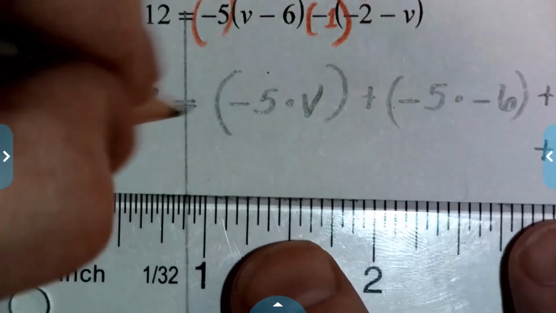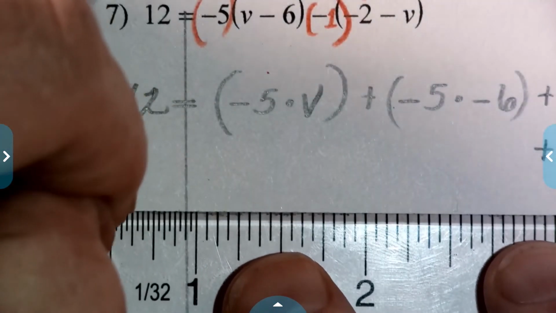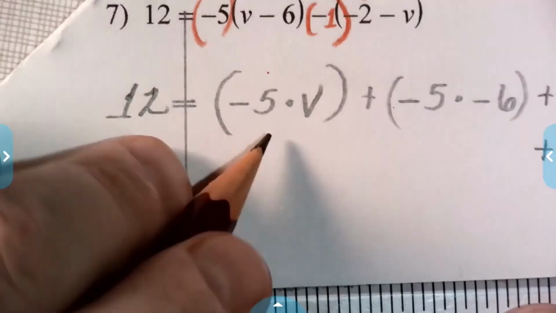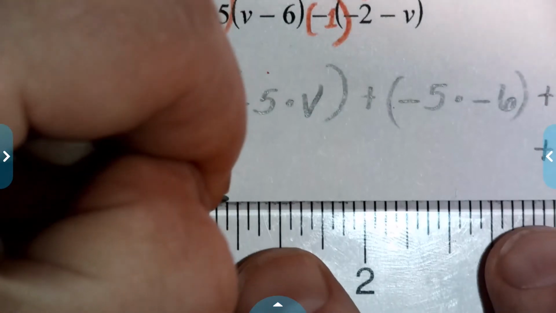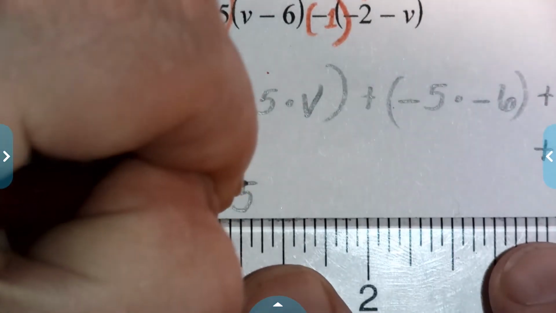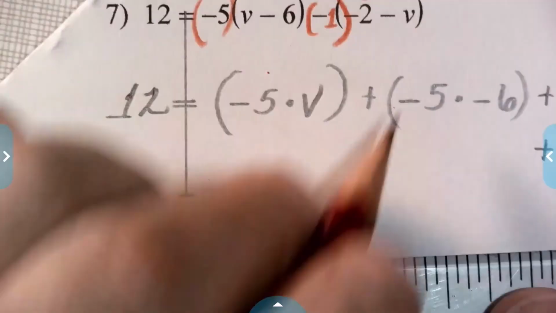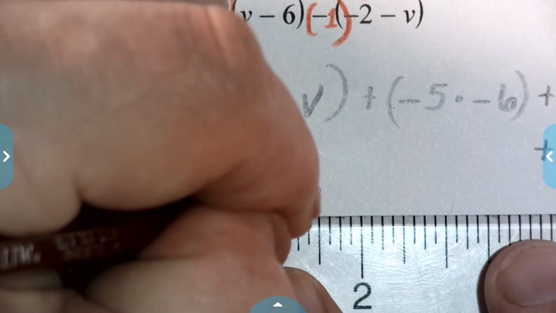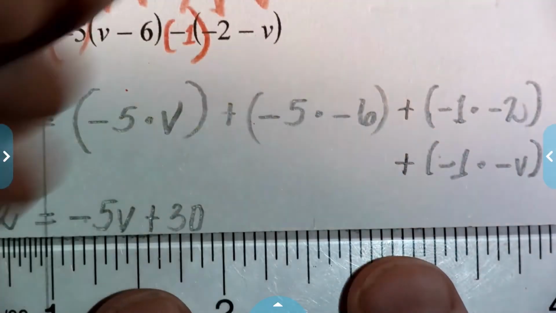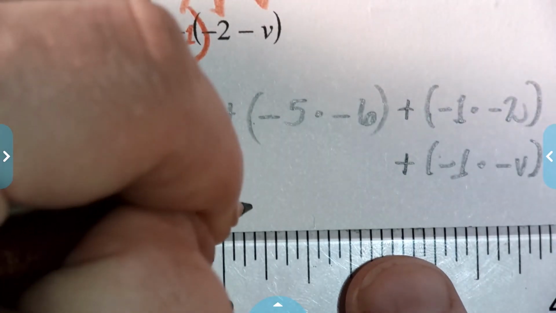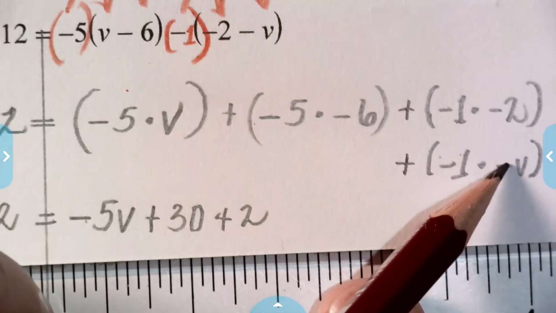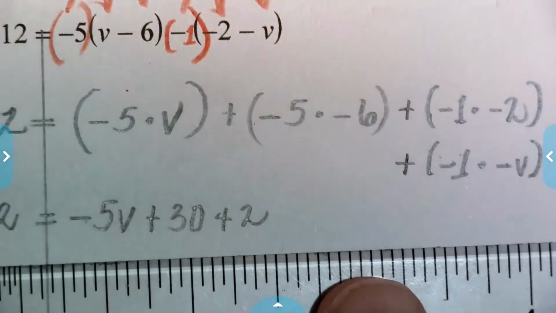So on the left, we've got 12. Equals, well, negative 5 times v is negative 5v. Negative 5 times negative 6, positive 30, so plus 30. Negative 1 times negative 2 is plus 2. And then I've got negative 1 times negative v, which is positive v.